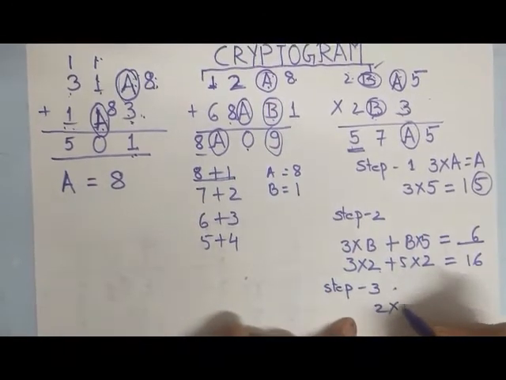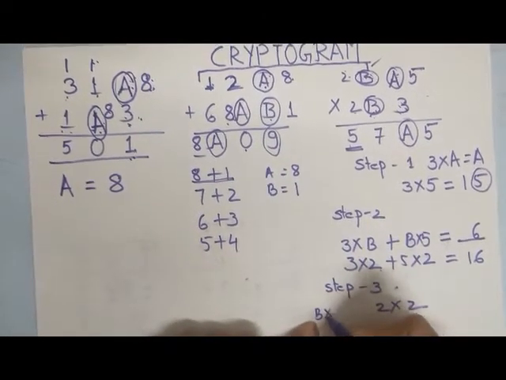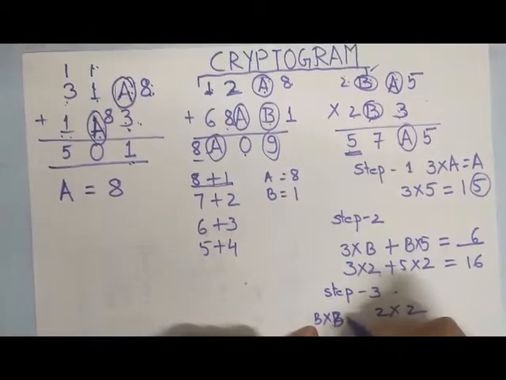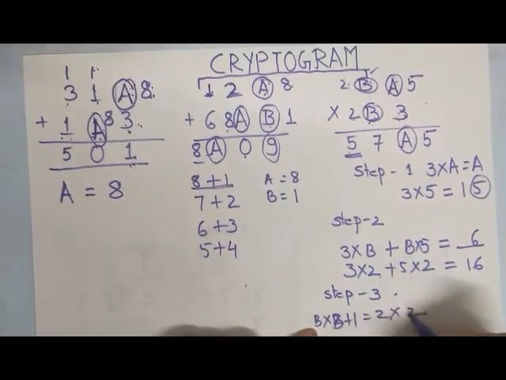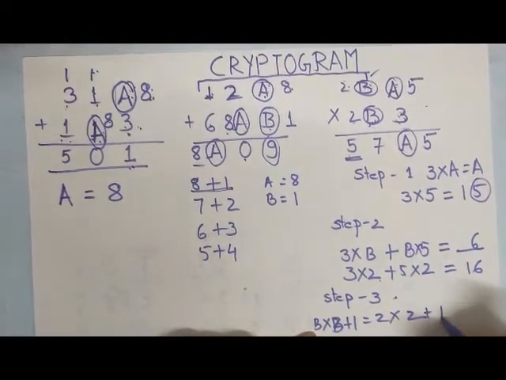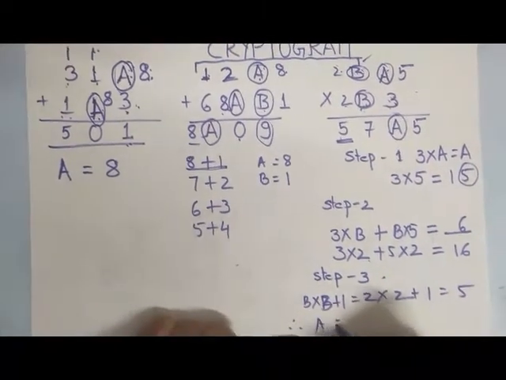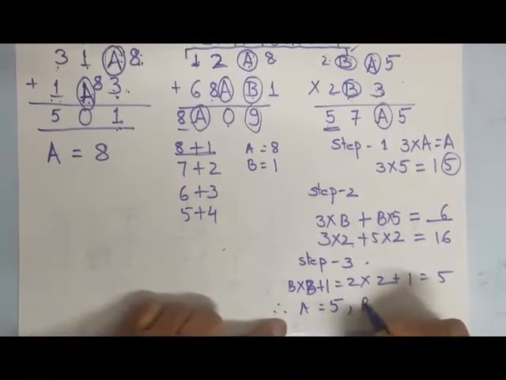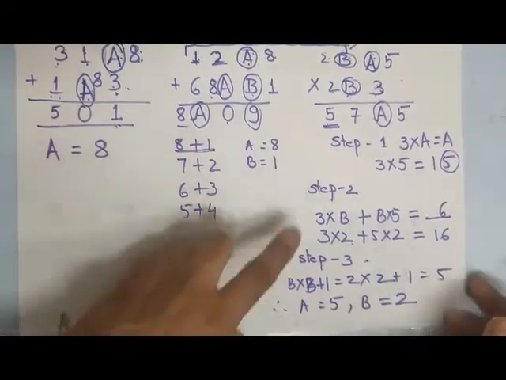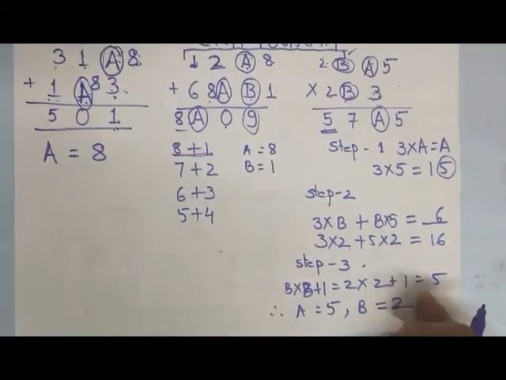That 2 into 2, that is B into B, plus 1 should be equal to 5. Therefore, A equal to 5 and B equal to 2 is the solution of that question.